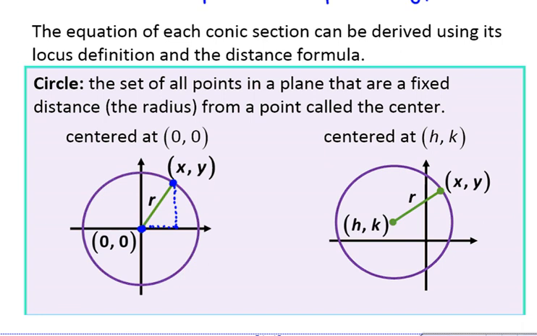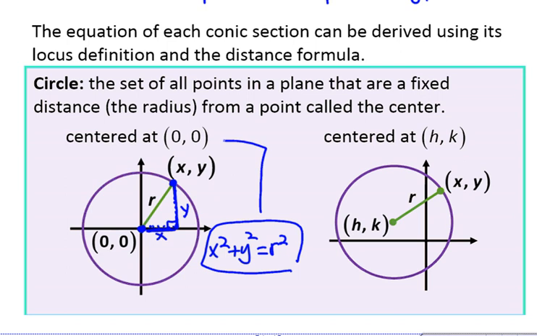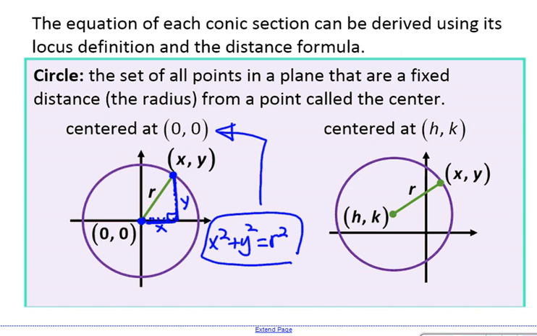So the distance from here to here is x, the x coordinate, and then from here to here is y. By the Pythagorean theorem, x squared plus y squared is equal to r squared. And that's the formula for our circle with a center of 0, 0. So you need to know that.